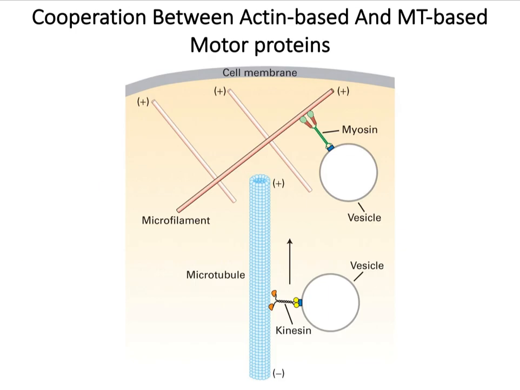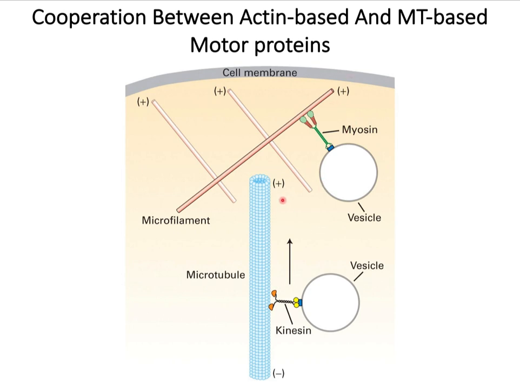You can also have cooperation between actin-based motor proteins and the microtubule-based motor proteins. So here is another example of a vesicle that is moving toward the plus end of the microtubule with the help of a kinesin. But let's say the microtubule doesn't reach the cell periphery, and yet this vesicle needs to be at the edge of the cell.